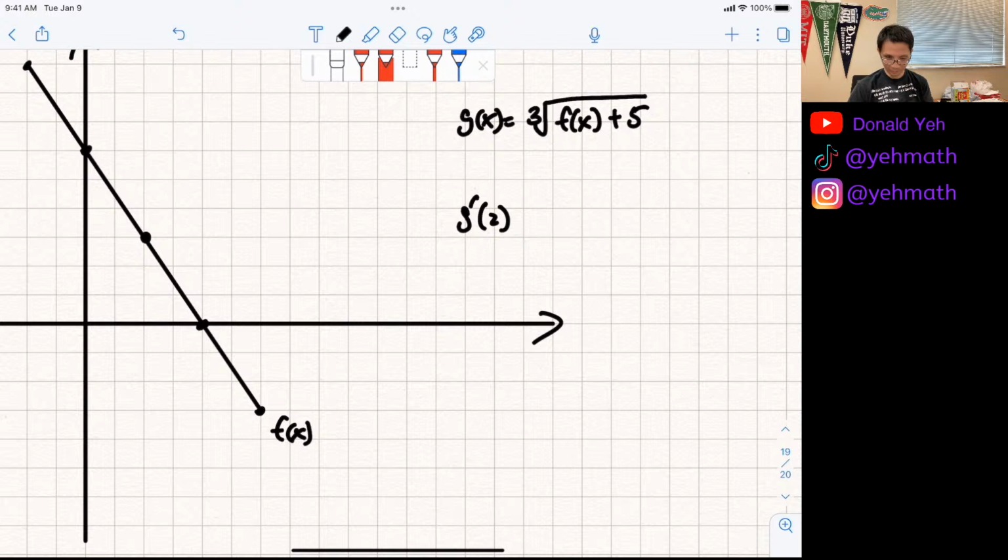Wait, it's the same answer? I think I might be bugging. What did you do? I don't know. It's possible to get the same answer.